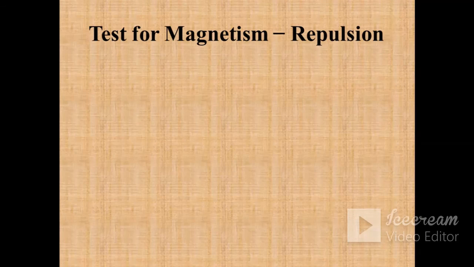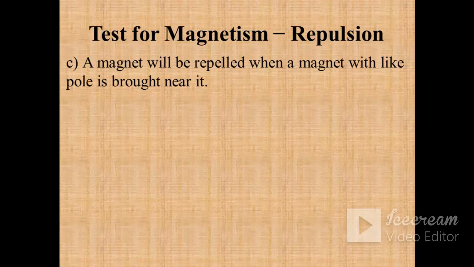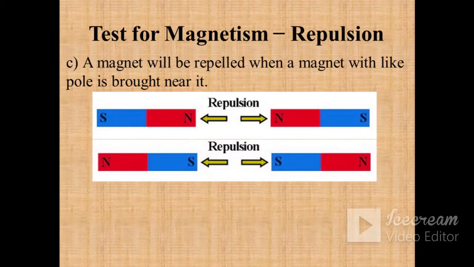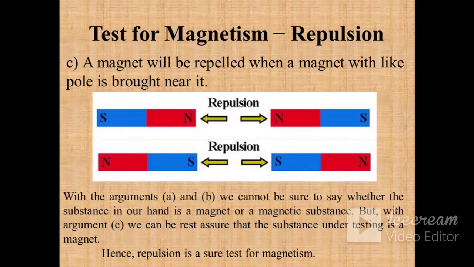But when two like poles are brought near each other, there will be repulsion. Suppose north and north are together, they will repel, and even south and south together will repel. So from arguments A and B, we cannot be sure whether the substance in our hand is a magnet, but with argument C, we can be assured that the substance under testing is a magnet. So we can say that repulsion is a sure test for magnetism.